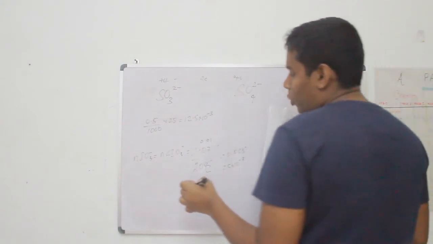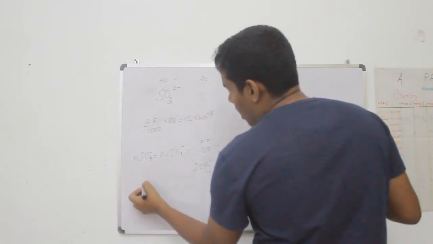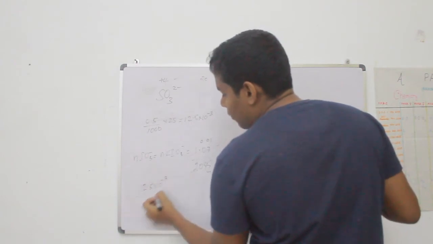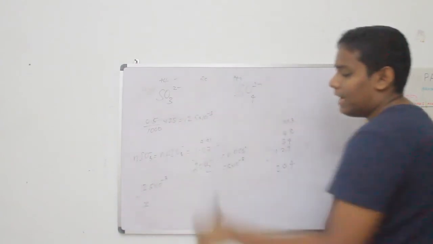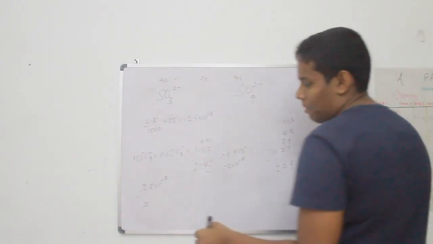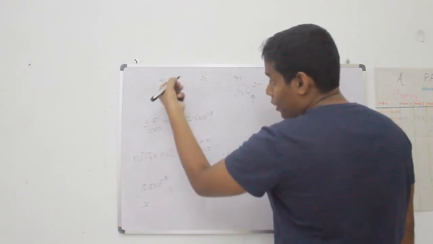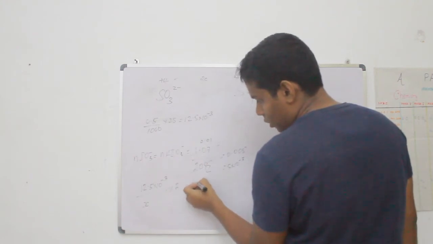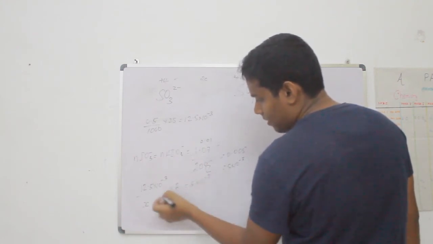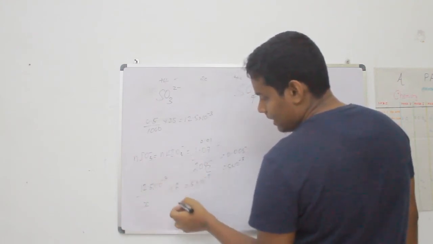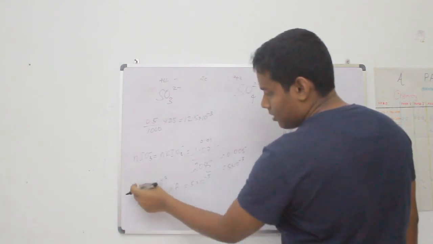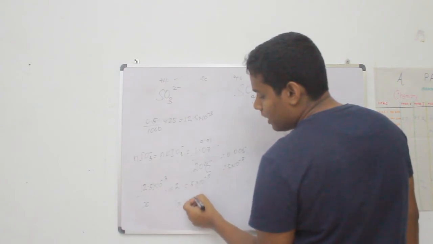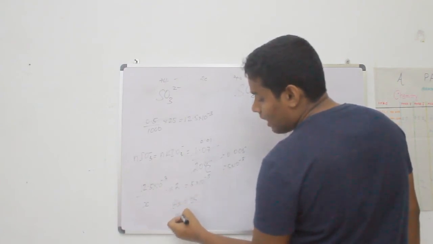So if you look at stoichiometry, 12.5 into 10 to the power minus 3 should be equal to the number of electrons exchanged by that IO3 minus. When you multiply, IO3 minus takes x electrons, 5 into 10 to the power minus 3. If you multiply these two, you get 25, so 5x equals 25, and x equals 5.